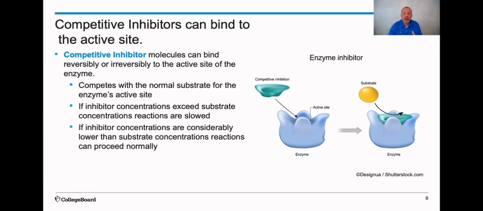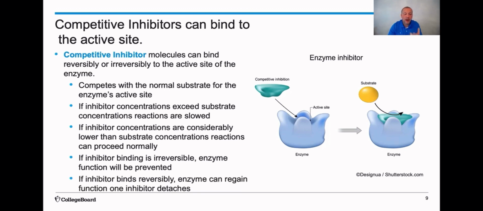If inhibitor concentrations are considerably lower than the substrate concentration, reactions can proceed normally. If inhibitor binding is irreversible, the enzyme function will be prevented. However, if an inhibitor binds reversibly, the enzyme can regain function once the inhibitor detaches from the active site.